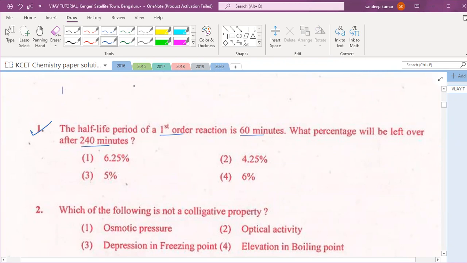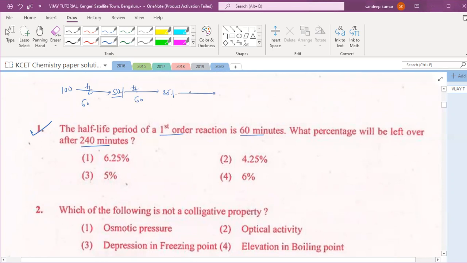See, if you take 100%, after 1 t half it is reduced to 50, right? Next t half, after another 60 minutes, it is reduced to 25%, right?